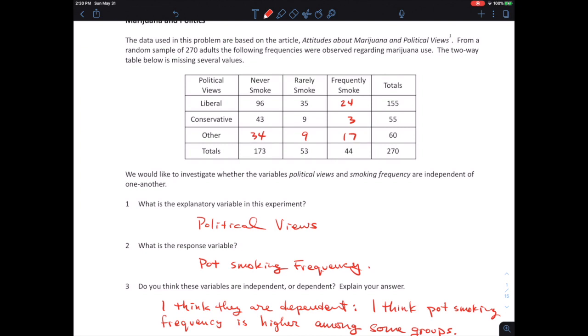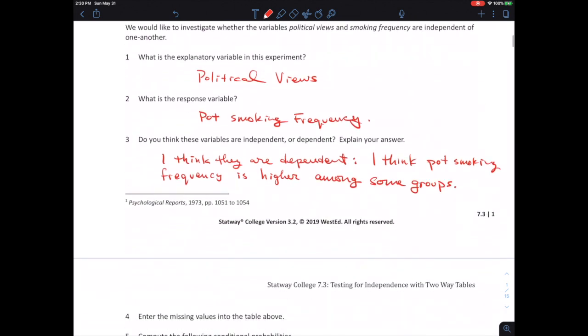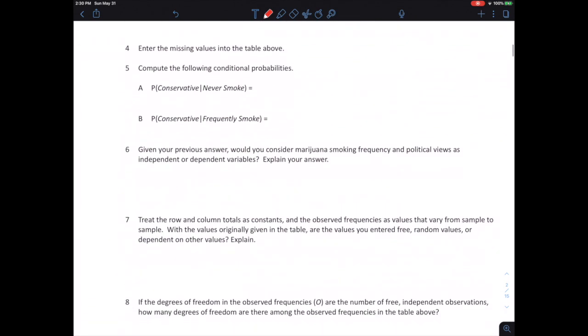One thing to notice is that those values that we entered were not random, whereas the ones given in the table, not the totals, but these 4 values that I've just circled, could have been anything as long as they were less than the total. There was some randomness in those values, but once those 4 were known, the rest of them had no randomness at all. Okay, so we got this covered.